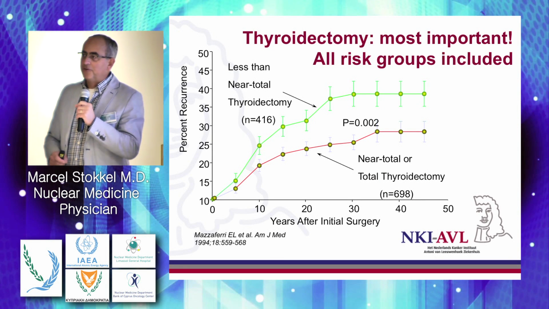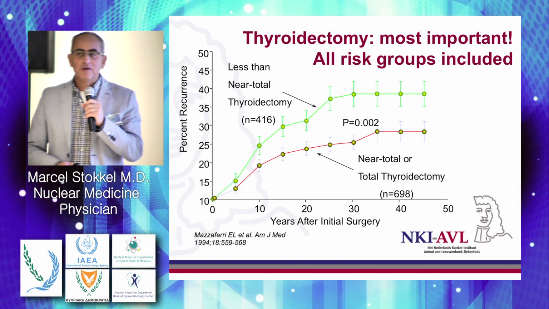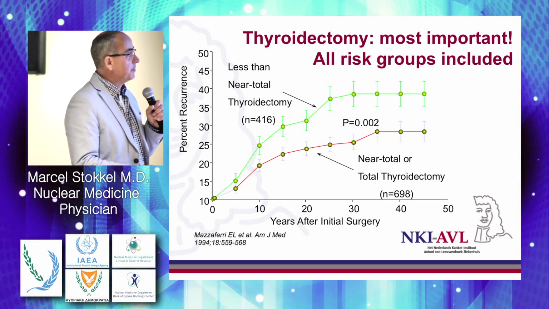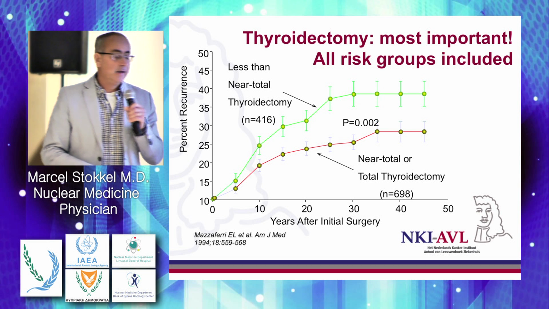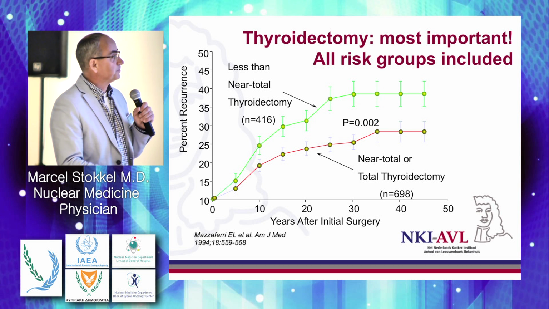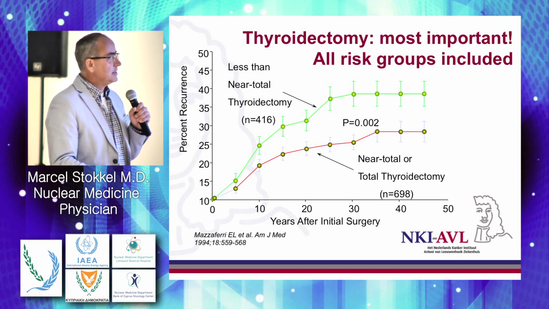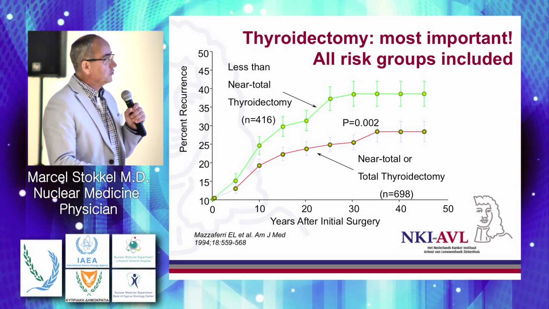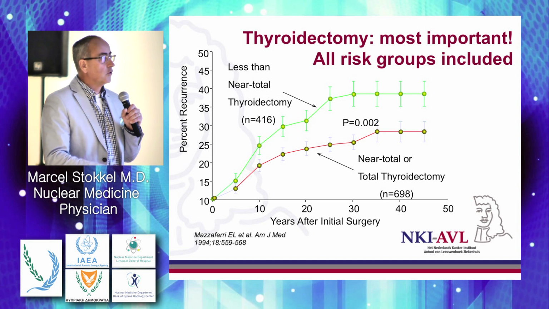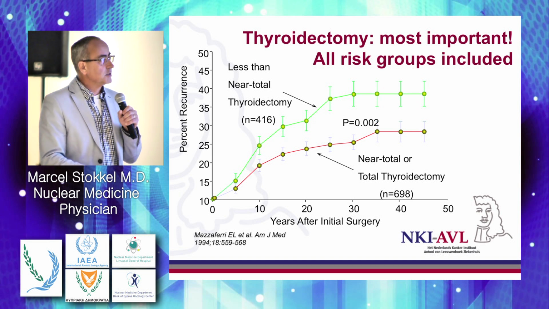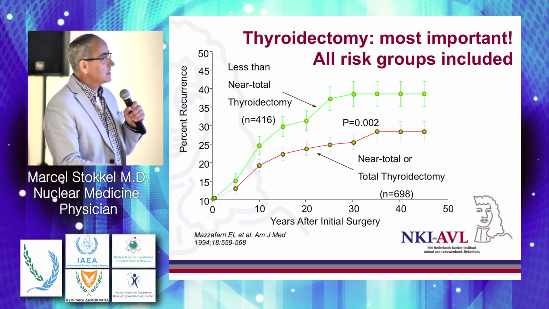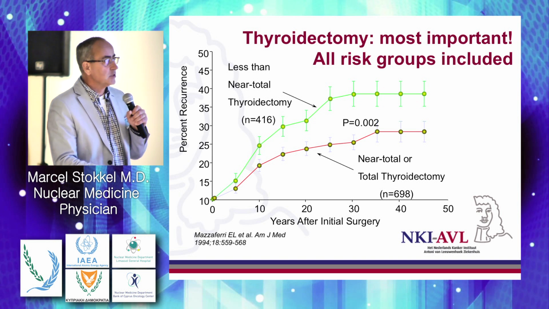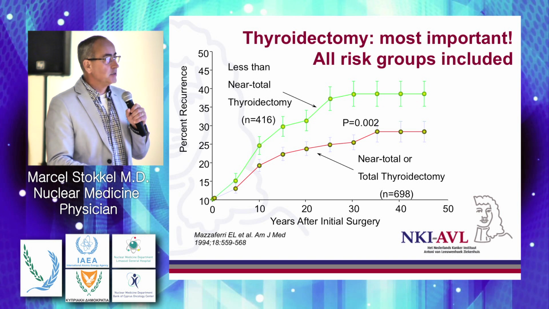One of the most important things when we talk about the treatment of thyroid cancer is the first step, thyroidectomy, as already shown in the previous presentations. And what you see here is that a near total or total thyroidectomy overall has a better prognosis than a less extensive thyroidectomy.